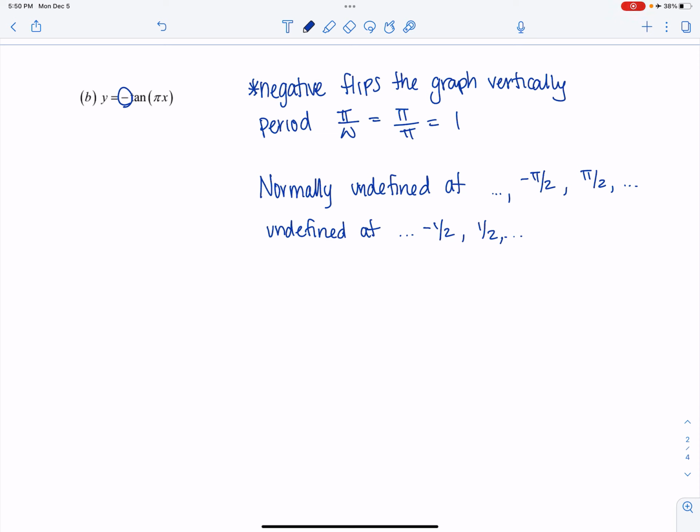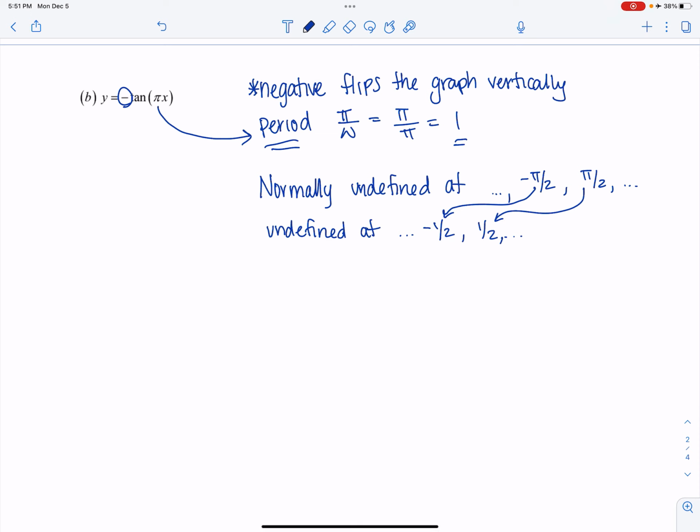Now, why is this happening? Well, because we have a new period. Instead of taking the whole period of pi, which is approximately 3.14, we have to do our whole cycle in 1. So it's cutting it down by almost a third. It's cutting it down by pi to be exact.